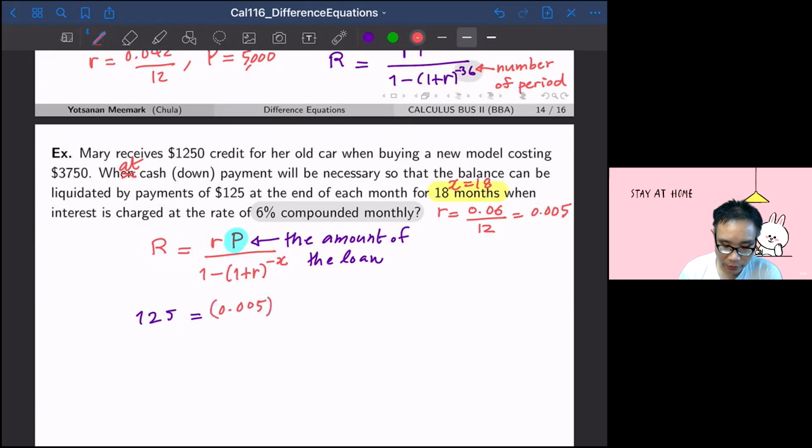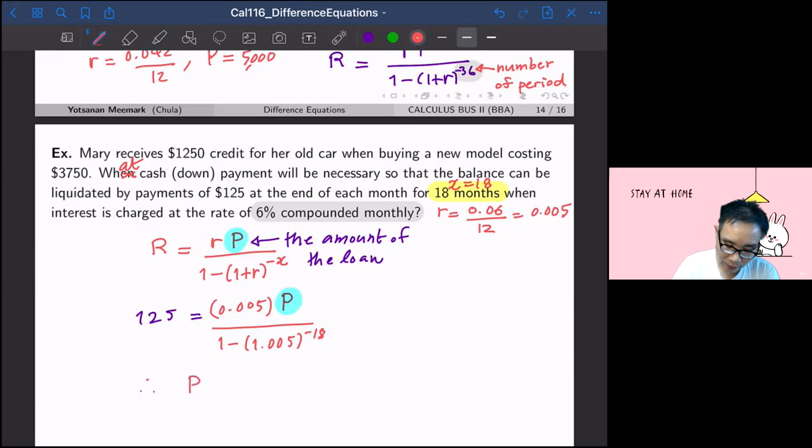That will be your R, and your P, the amount of your loan, is the payment over 1 minus, not 1 plus, 1.005 to the negative 18. This will be your formula, and you would solve for P.